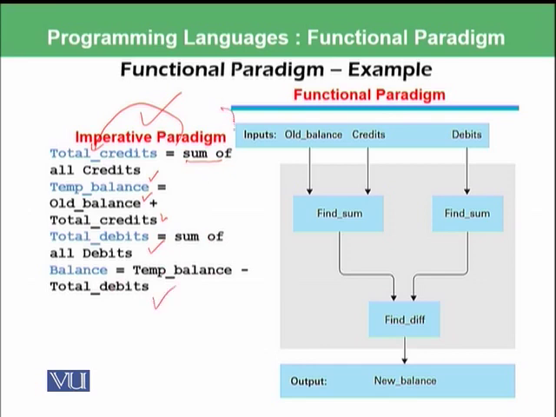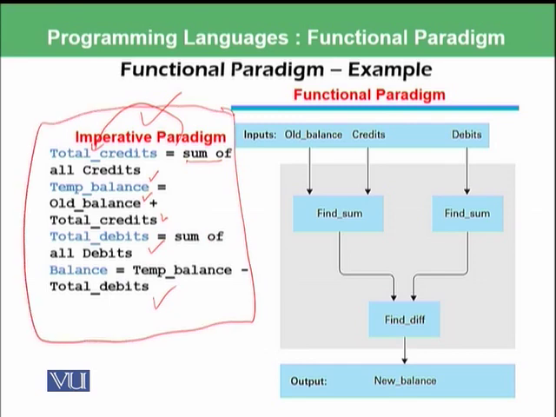So this is the imperative paradigm which we have learned previously, and let's see, we want to translate the same function using the functional paradigm. So we will write that we have three inputs: old balance, credits and debits.